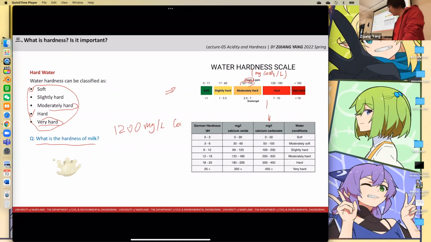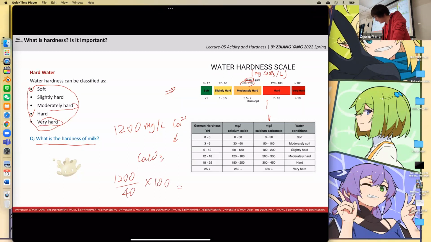For the hardness, we need to convert this calcium into calcium carbonate. Basically we can use this divided by 40 times 100, and the result is about 3000 milligrams per liter. We can say this is very hard. But usually we do not consider milk as hard water.